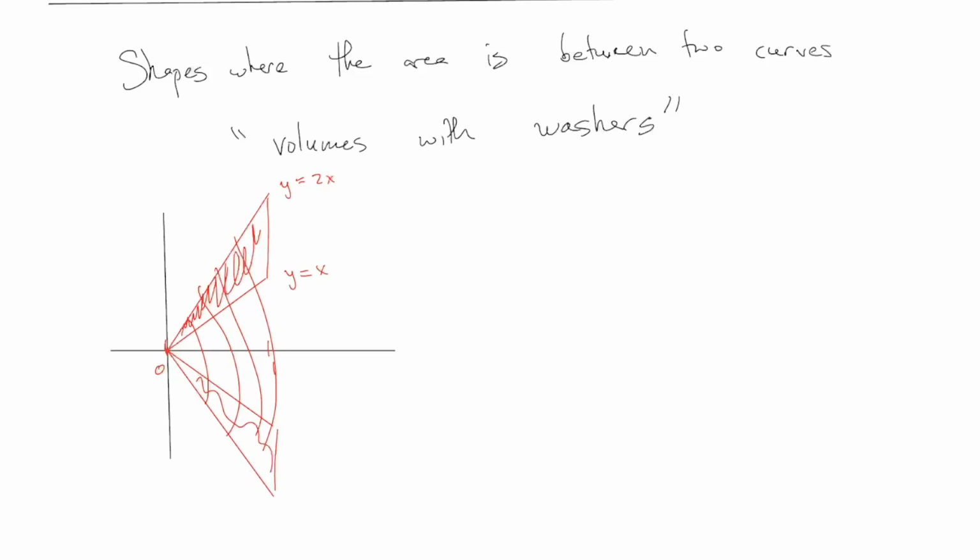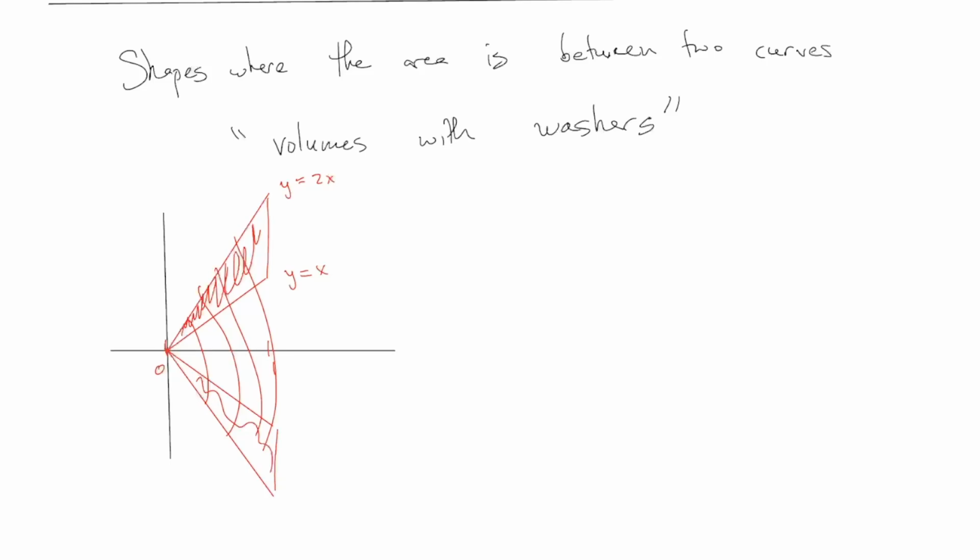It comes to a point at the left side, but the walls of the cone have some thickness to them. And I'm looking for the volume of just the solid part of the walls of this cone. This is a slightly more complicated situation.